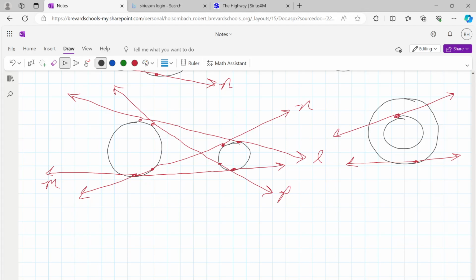All right, so look at the top of page 733. We got theorem 10-10 up there.